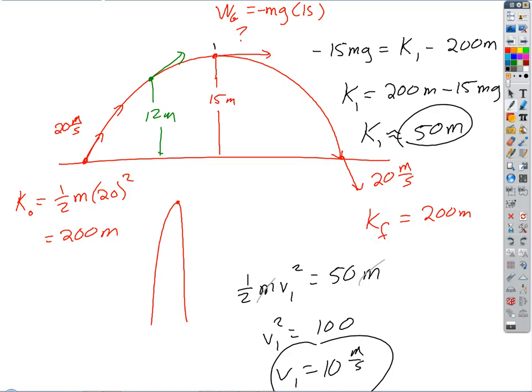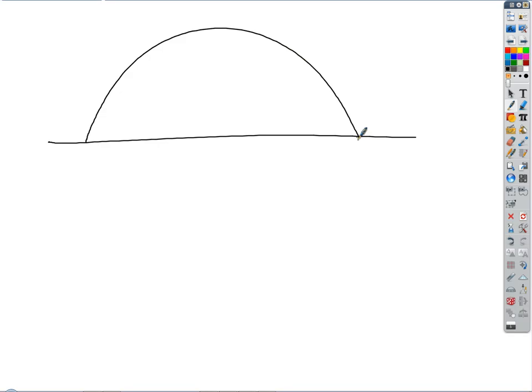So what if we made this a little different then? What if we said, let's do the same exact picture. Here's the start, here's the end. Here's our light bulb, going up to this spot, down to this spot, right?